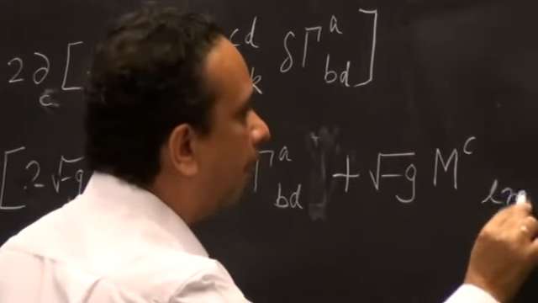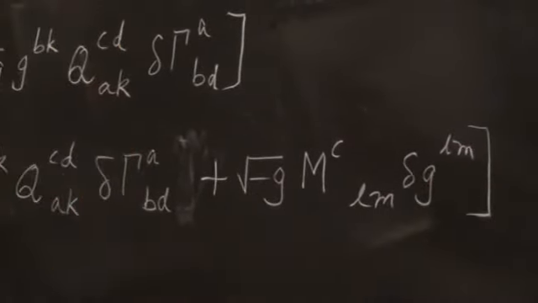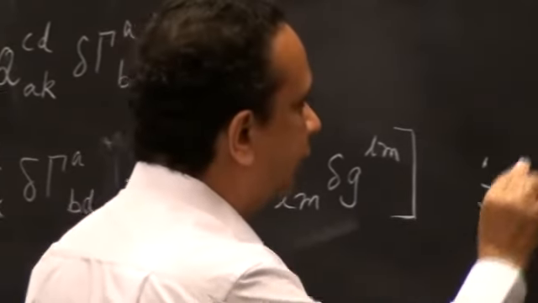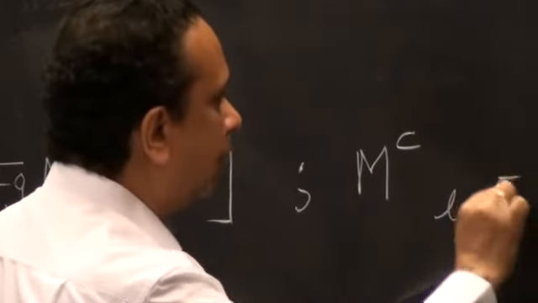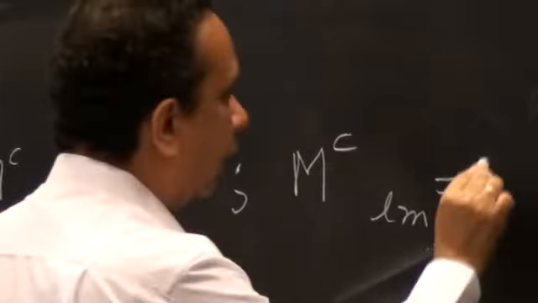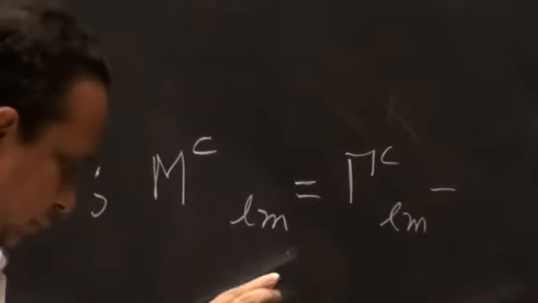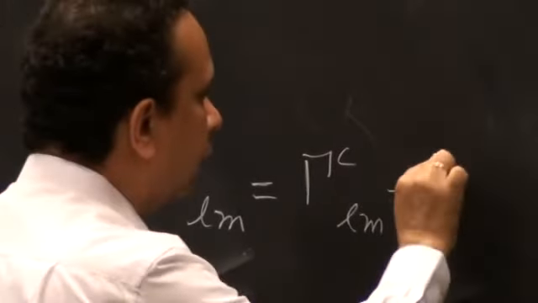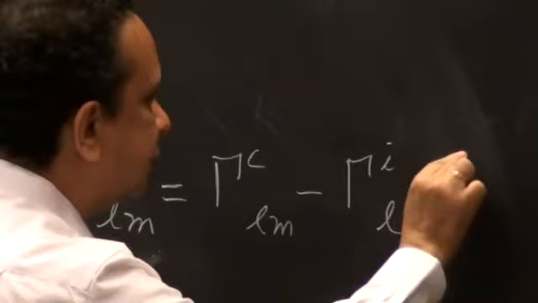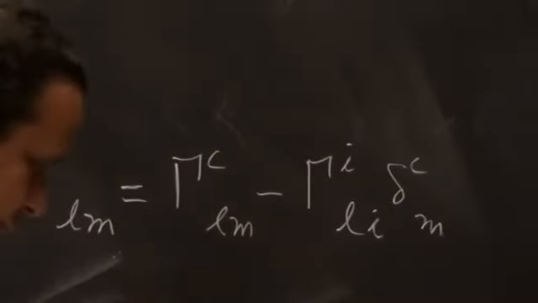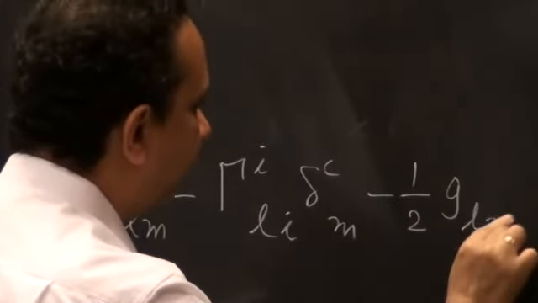CLM delta GLM, where this quantity is defined as M C LM happens to be gamma CLM minus gamma L, let us say II delta CM minus half GLM VC.